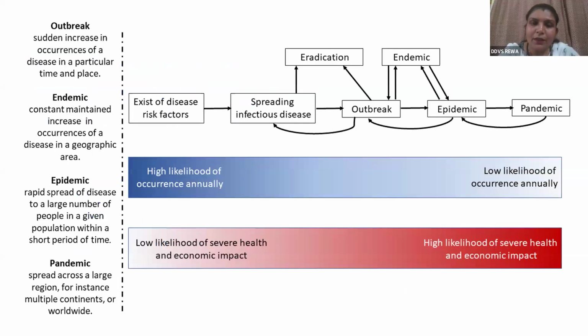So it is very important to know the progress of disease from its endemic status to epidemic, by finding the circumstances by which the disease is getting the status of outbreak.